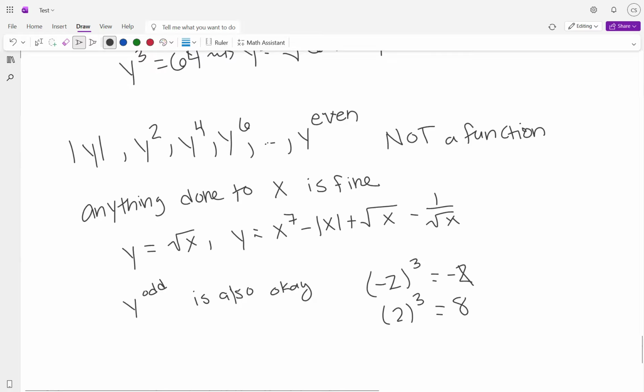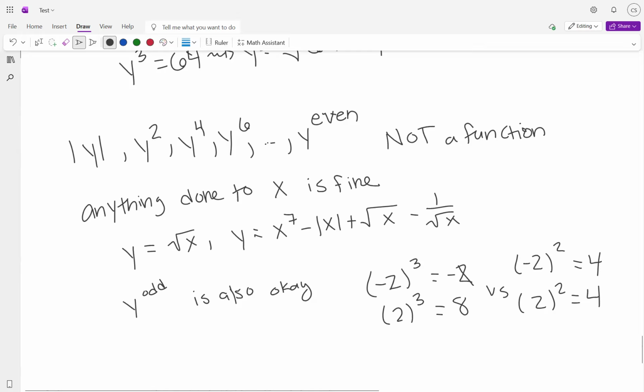So those are two different numbers, versus negative 2 squared is 4 and 2 squared is 4. So that's the kind of issue. When you have a negative number and a positive number, they're both getting sent to the same thing.